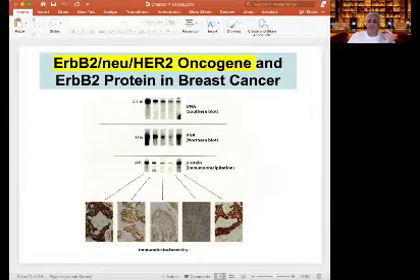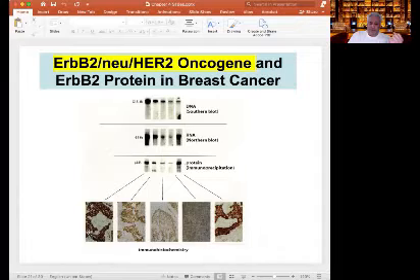Regardless, this particular oncogene, once it becomes onco, produces a protein. And that protein can be detected by both Southern blotting and Northern blotting, and by something called immunoprecipitation, where antibodies are used to bind to the protein product of the gene.